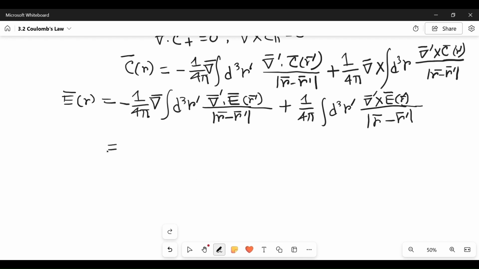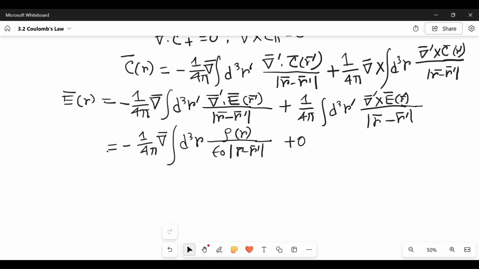Now we are going to substitute the divergence and curl of electric field, which will be rho of r by epsilon naught r minus r prime plus 0.